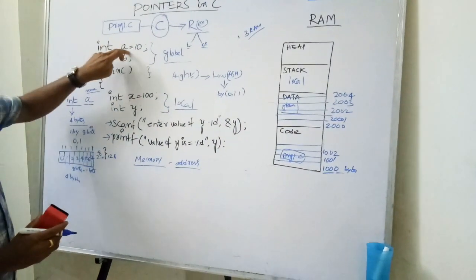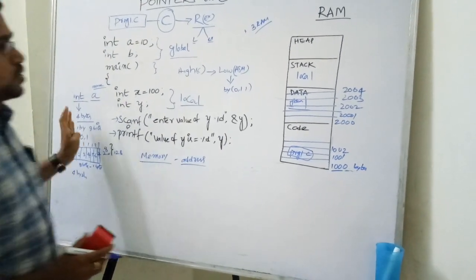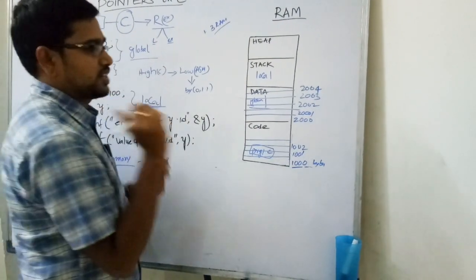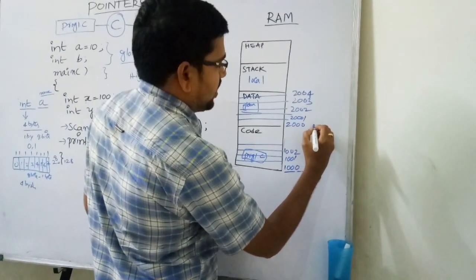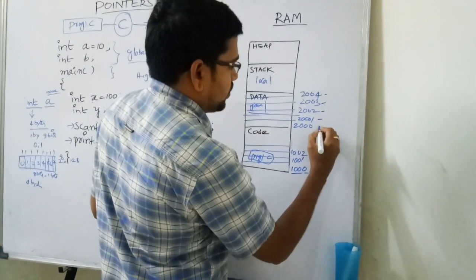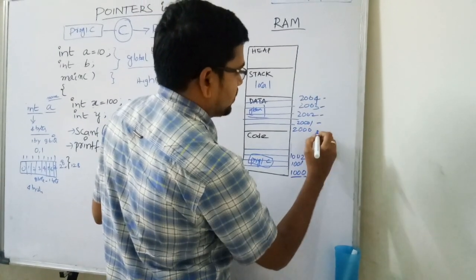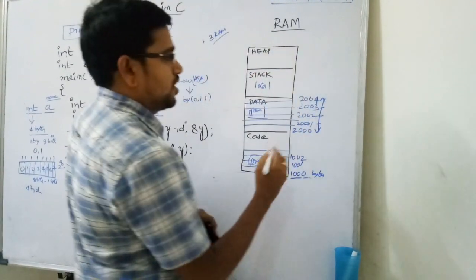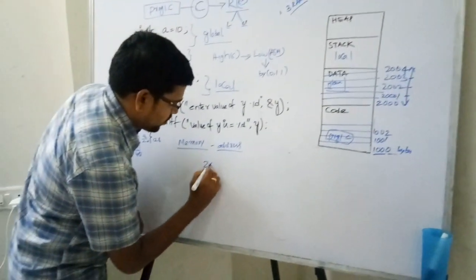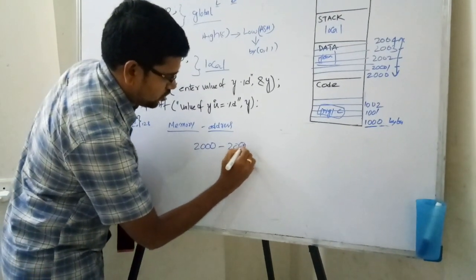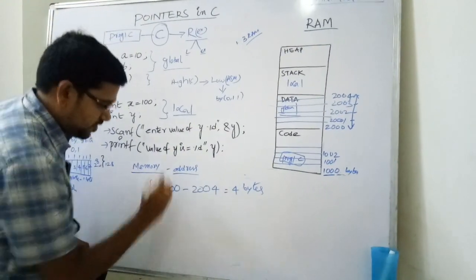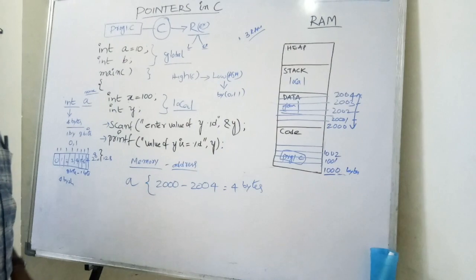So when I say int A is equal to 10 and A takes 4 bytes, how does this actually get stored in the data segment? A needs 4 bytes. So let's say I have started here: 1 byte, 2 bytes, 3 bytes, 4 bytes. So this entire memory, from 2000 to 2004, is 4 bytes, and the name of this address is A. As simple as that.